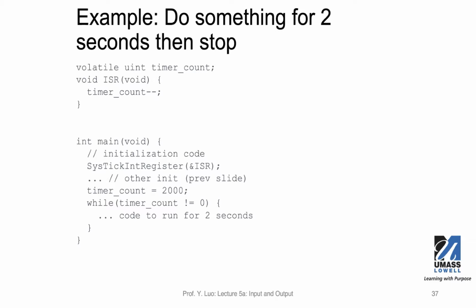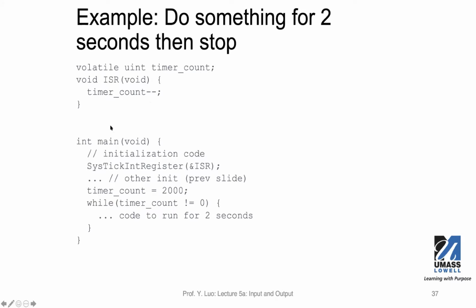And in the main function, we initialize the counter to be 2000. And we know earlier that the timer interrupt that we set up was for 1 millisecond. So our hope is, because the timer count is set up as 2000, every 1 millisecond this counter will be decremented by 1. Why is that?